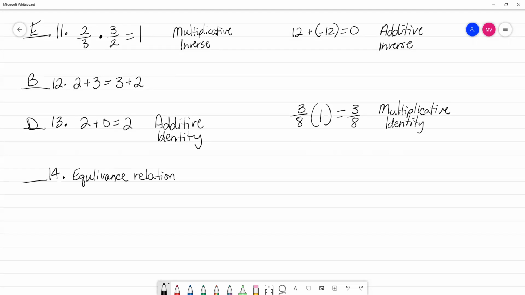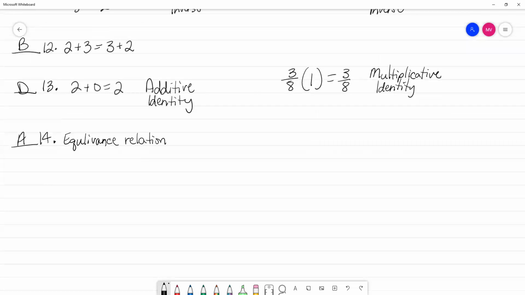They have to be reflexive, yes, and they have to be transitive. So the answer is identity. You don't have to add a 0 or a 1. So an equivalence relation must be symmetric, transitive, and reflexive.